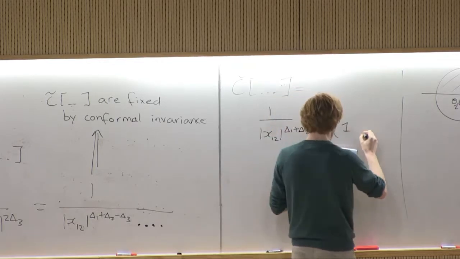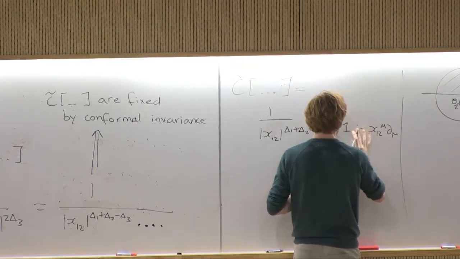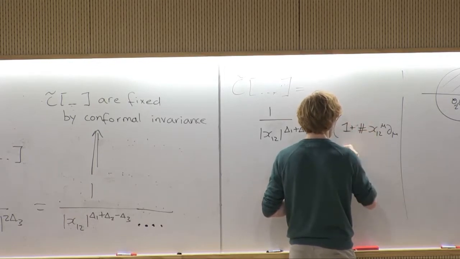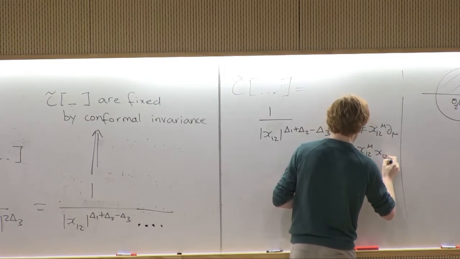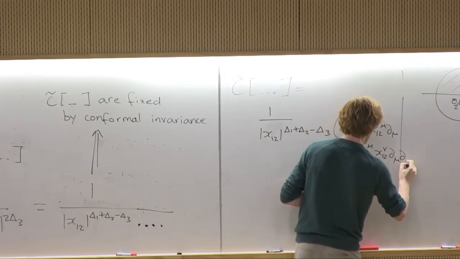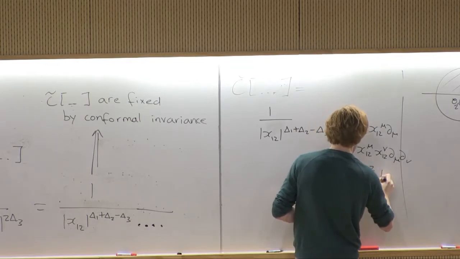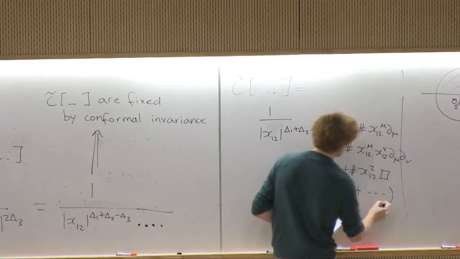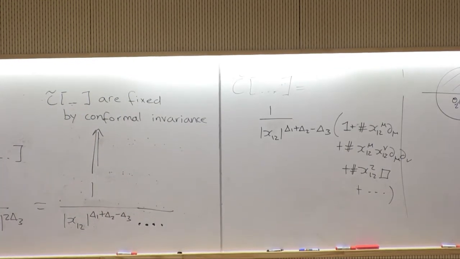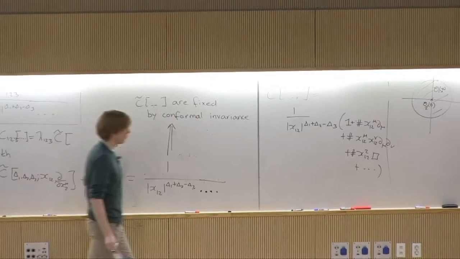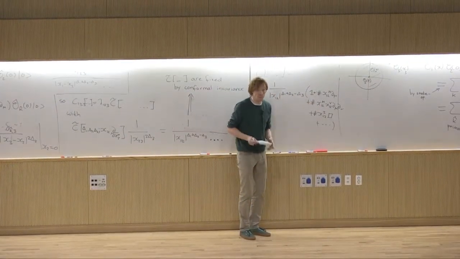But for 3 scalars, it looks like this, with some coefficients that I can't be bothered to compute: d mu plus x12 squared box plus dot dot dot. So this is what it looks like, just to give you an idea. And this pound sign means just some number that I didn't compute. It just depends on the deltas.